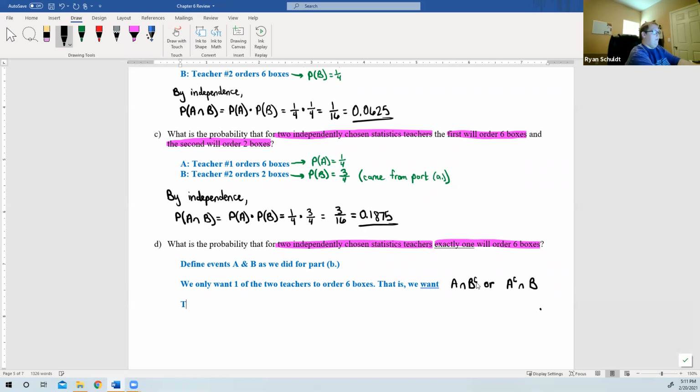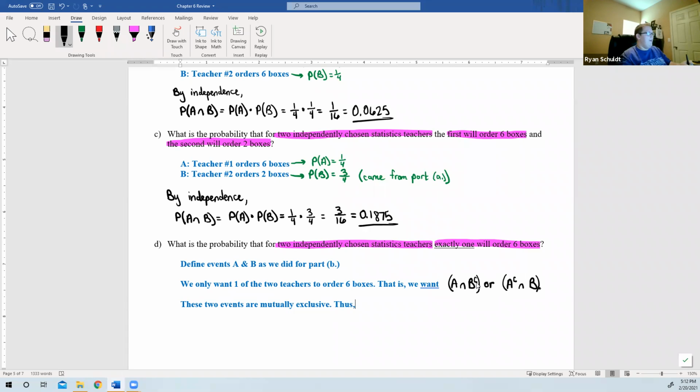So let's note that these 2 events are mutually exclusive. Thus, we either want that to occur or we want that to occur.